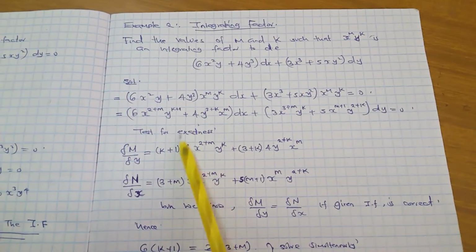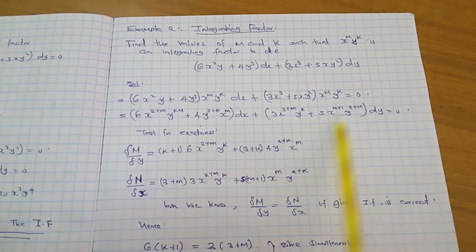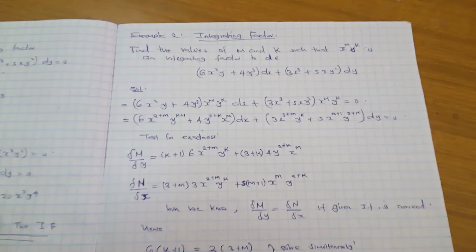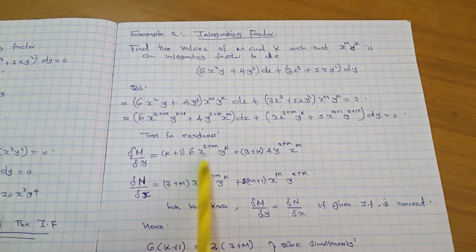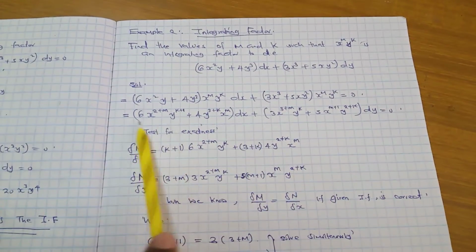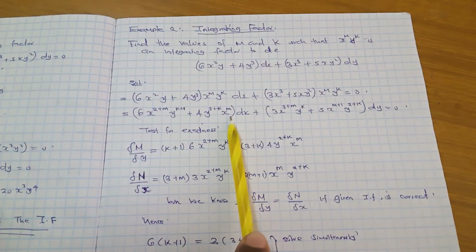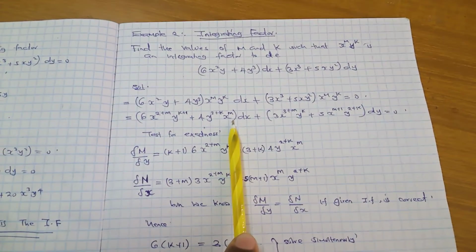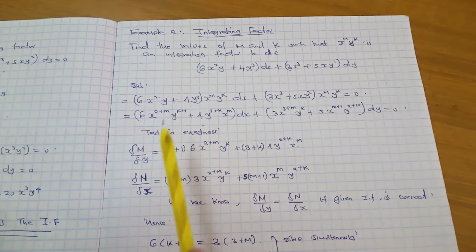So now we continue to multiply this part of m, and we obtain this resulting solution. To test for exactness now, to test whether this equation is exact. And we know that, of course, by multiplying with the integrating factor, we obtained an exact equation. So we are very sure of the exactness of the obtained equation.